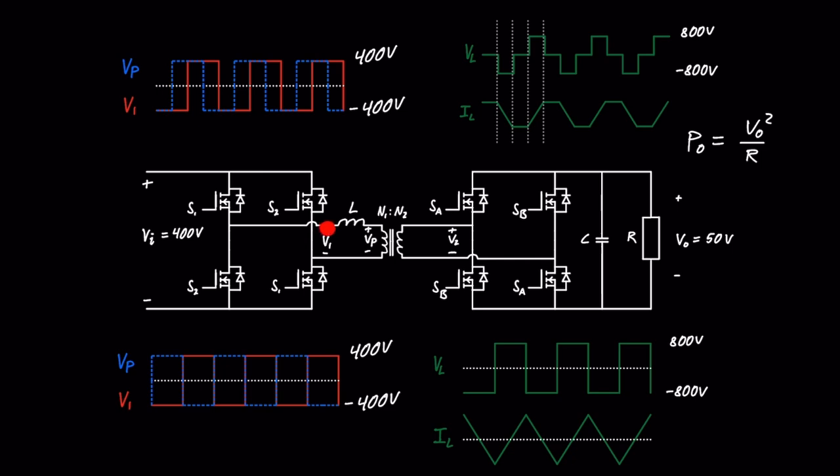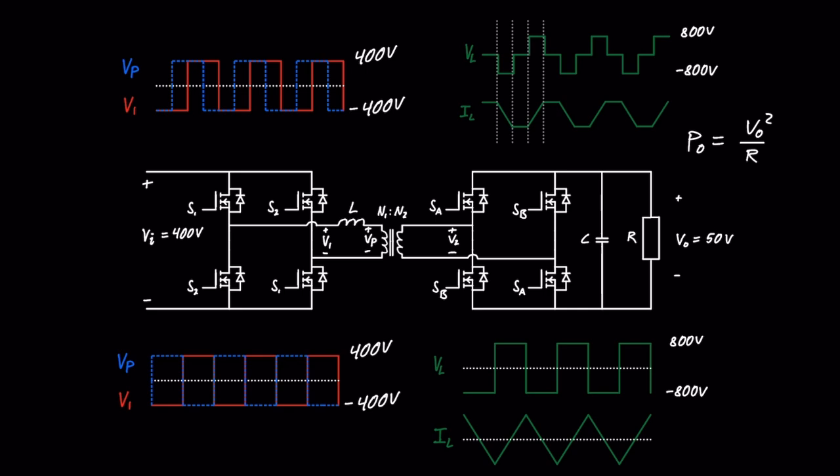The power here needs to be equal to the power here, assuming that we have no losses, and this is on average. Output power is given by the output voltage. Because V1 is constant, IL is the one deciding the output power as well. So the larger IL, the larger output power, and therefore the larger V out.